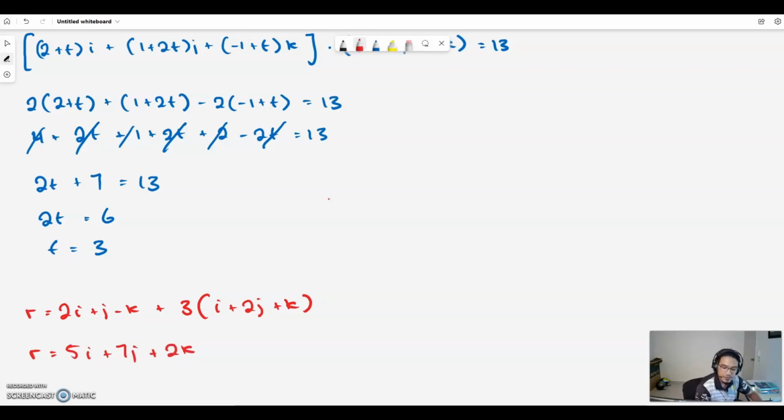So from the vector r, we can determine the position of the point R. That is 5, 7, and 2. So this is the coordinate where the intersection between the plane and the straight line occurs.